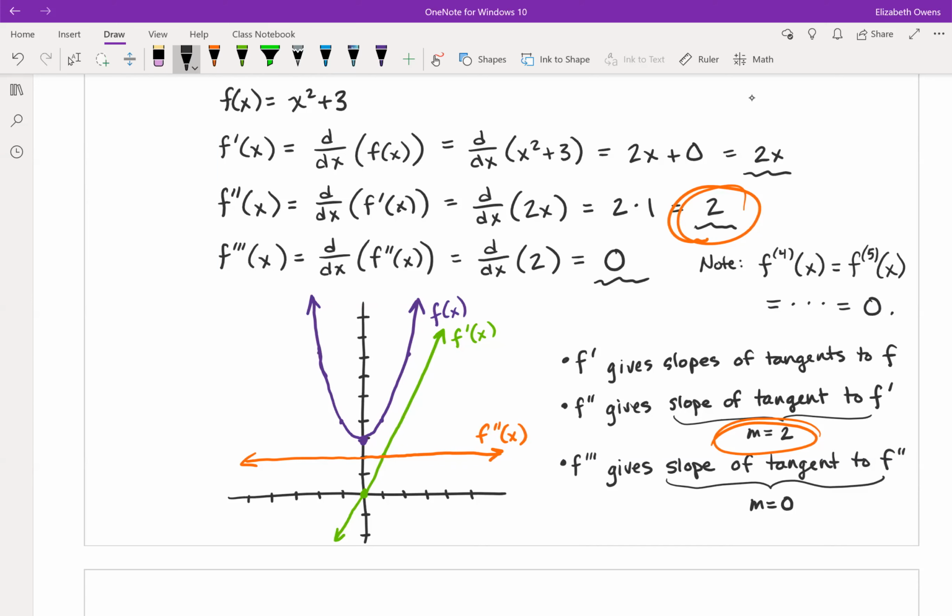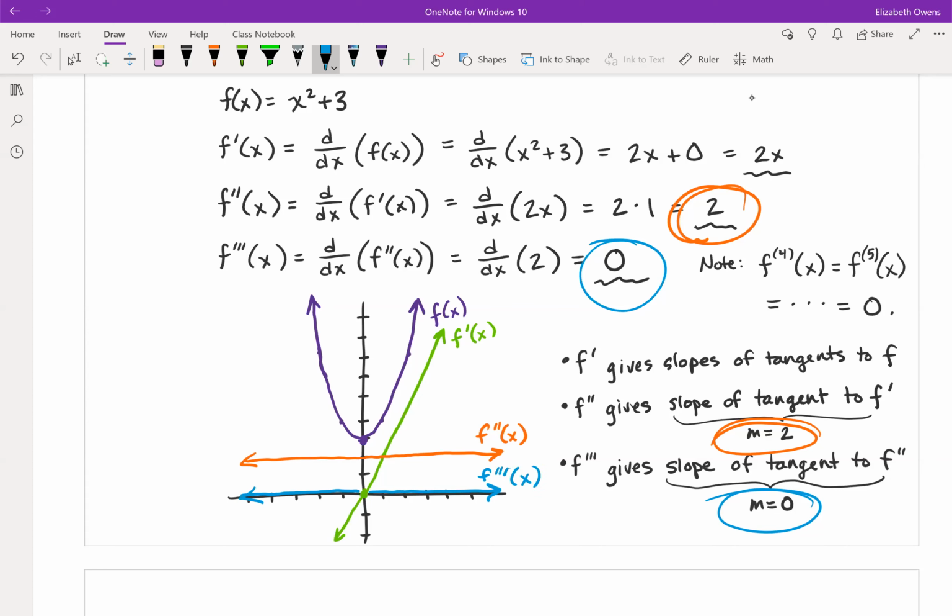M equals 0. And notice how that is our third derivative function. So the 0 there corresponds to this tangent slope here, and we get our f triple prime function, which is just a constant right down here at 0. F triple prime of x.